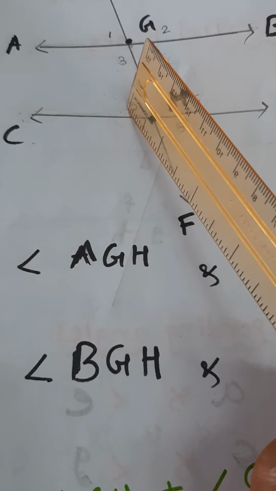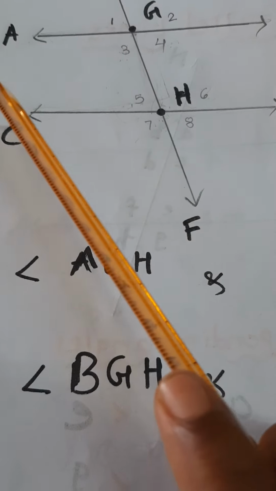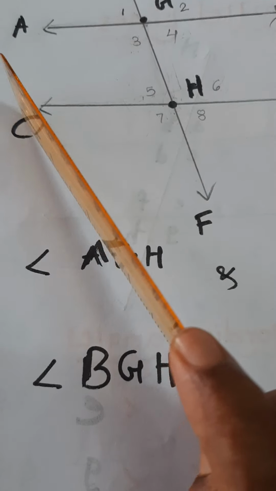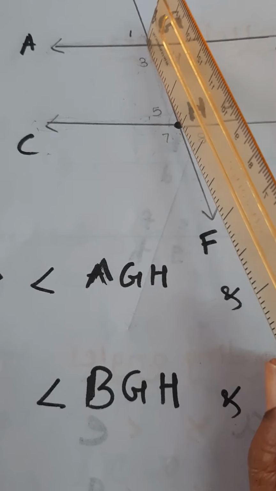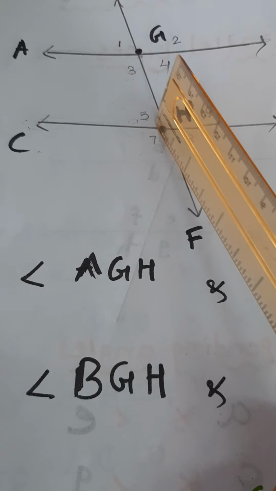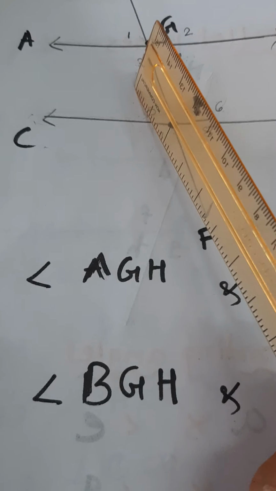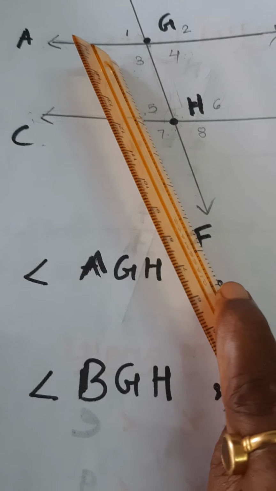And next one angle, you can say like this, GHC or CHG. Remember like this way, GHC. So 3 and 5 they are interior, inside and one side of the transversal.